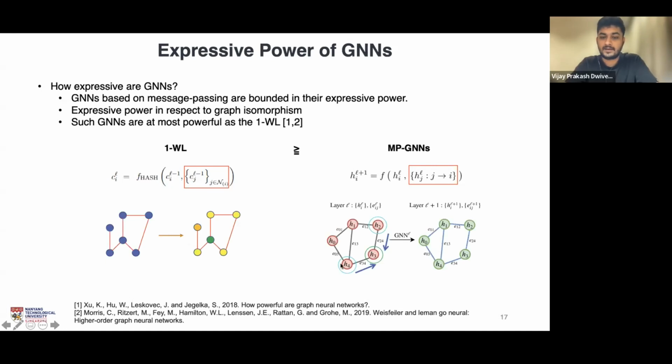And this is a visual representation of the message passing, because when these colors are updated for the next layer, message passing GNNs also perform the feature update in a similar fashion. So this is the equivalence of GNNs and 1WL, and because of this equivalence, we can quantify how expressive or powerful GNNs are in terms of 1WL.